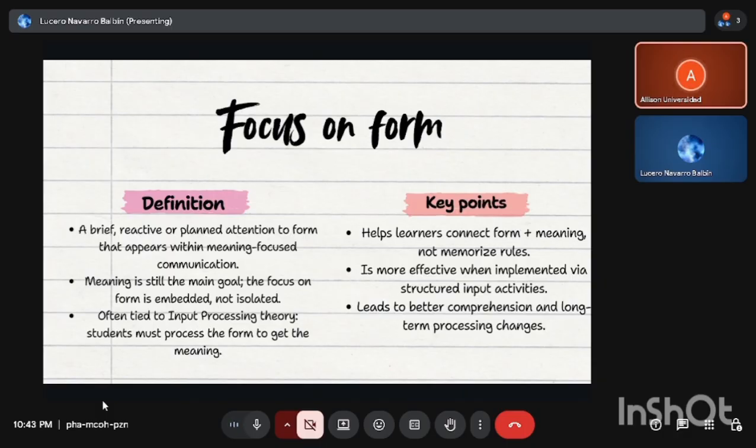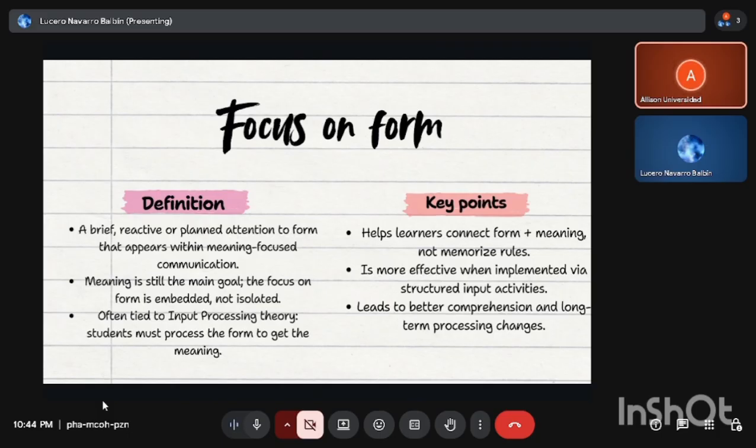Focus on form is defined in the chapter as a brief and intentional attention to a linguistic form that results inside a meaning focused activity. In other words, students are doing something communicative, maybe describing pictures, solving a task, or interacting with classmates, and the teacher highlights a form only when it becomes relevant.